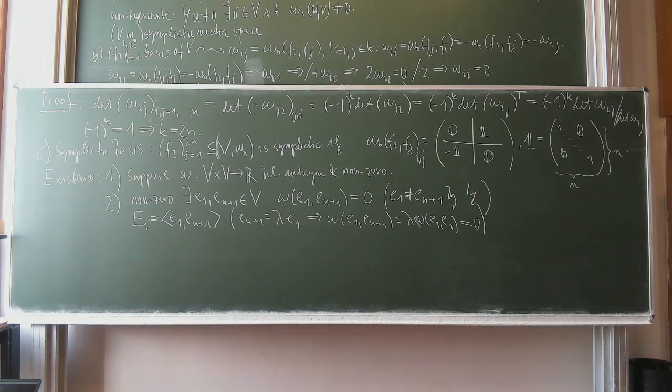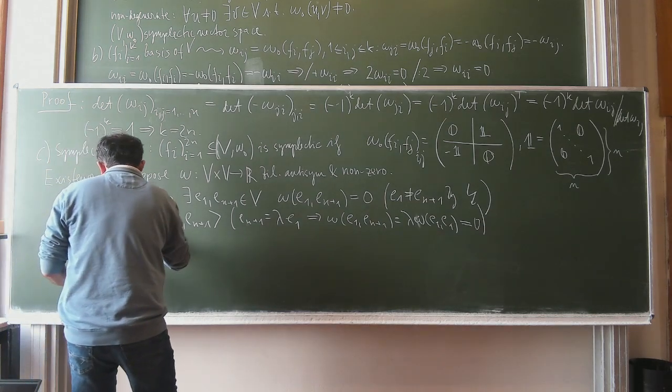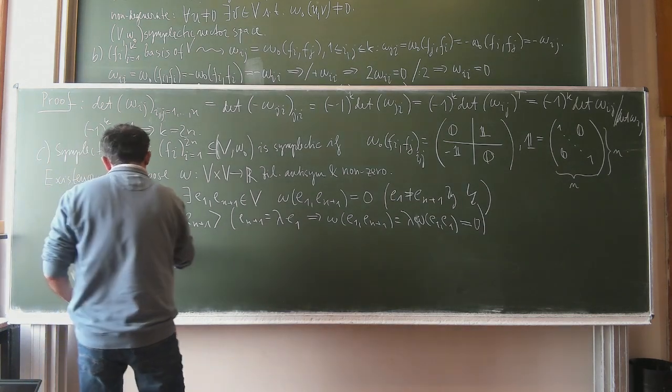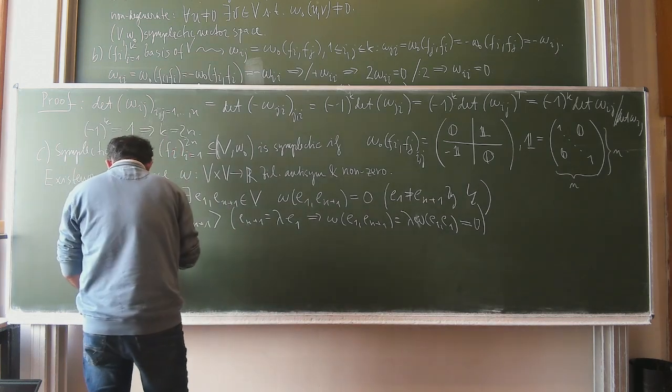So we have a two-dimensional subspace, and we form a complement, a symplectic complement, denoted by B prime.